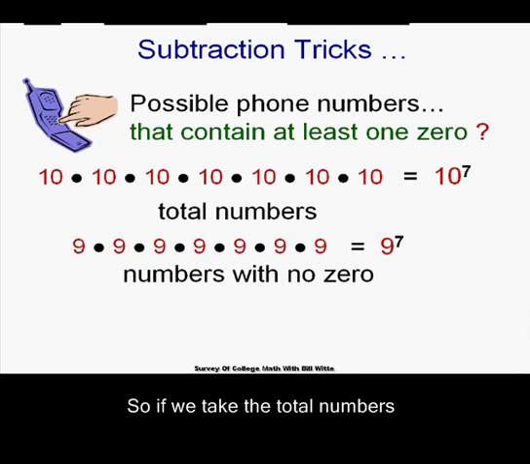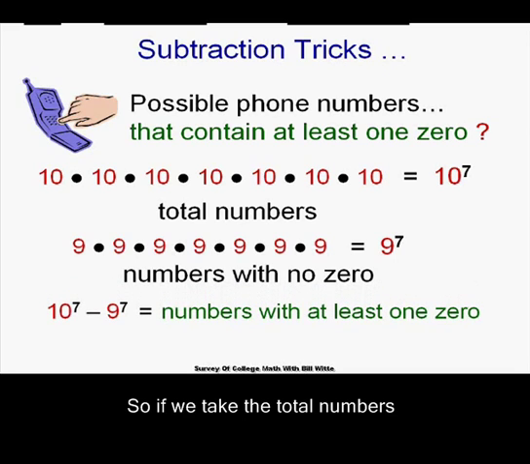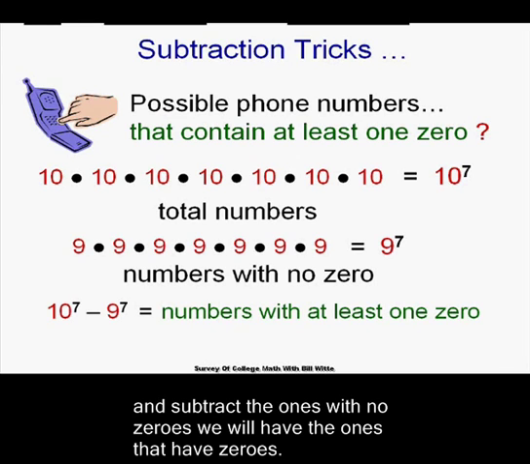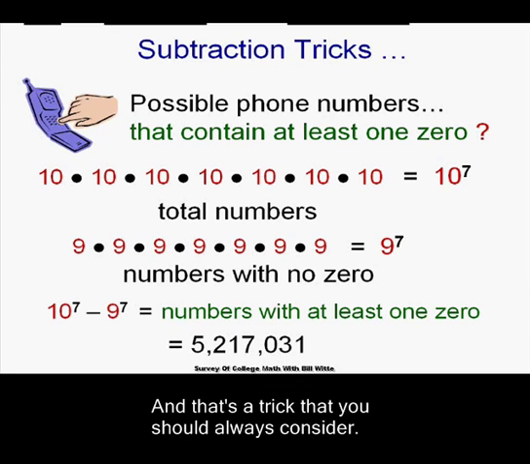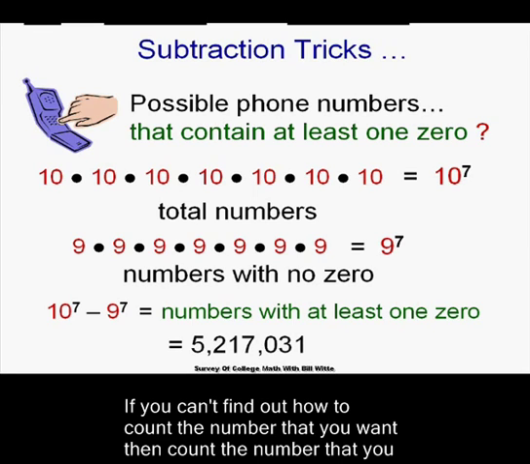So, if we take the total numbers and subtract the ones with no zeros, we'll have the ones that have zeros. And that's a trick that you should always consider. Okay, if maybe you can't count the number that you want, count the number you don't want and subtract it away. Okay?